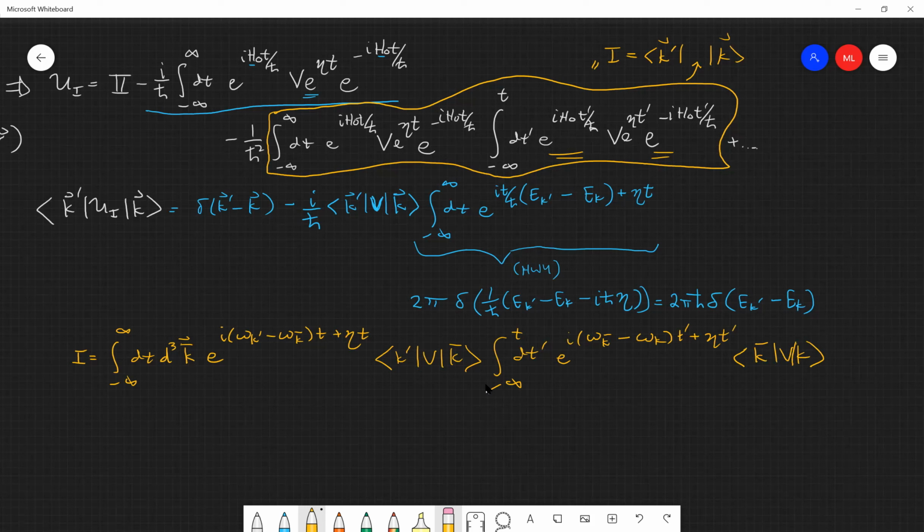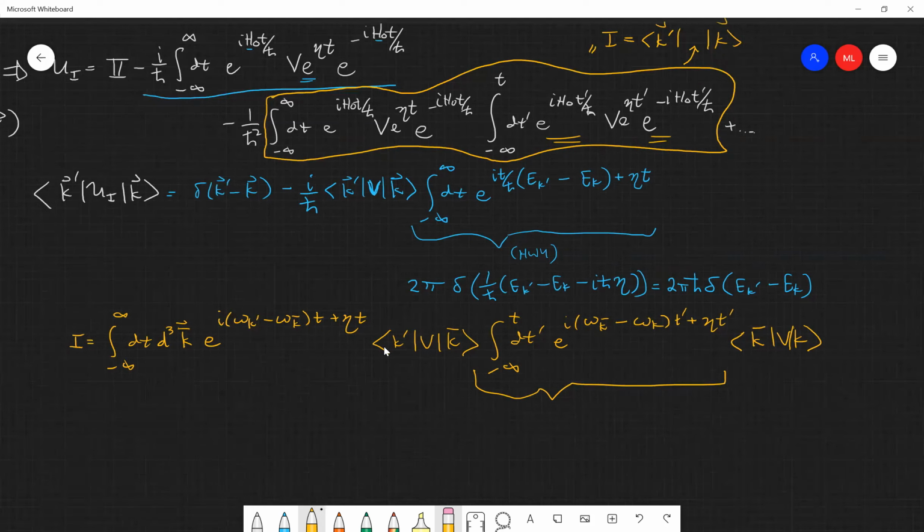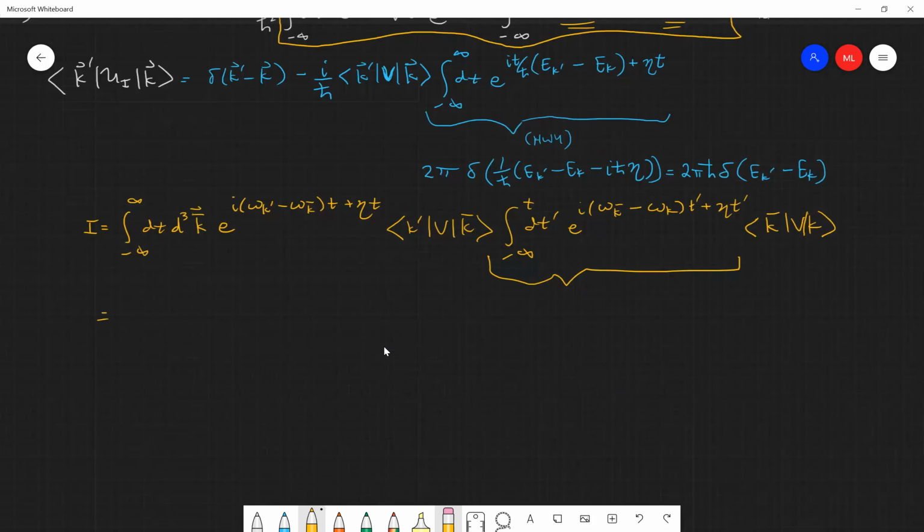And from here, you can actually do the integration over t prime. You can do this integration because all the t prime stuff is just here, right? You can do that integral. And what you get is the integration from minus infinity to infinity dt d3k vector.